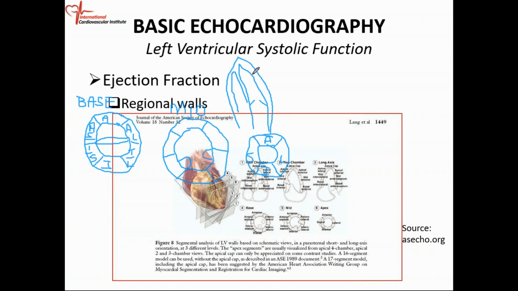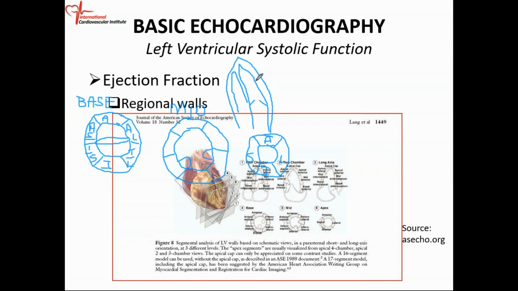So again, this is the left side of the heart over here. This is the lateral wall. This is your apex, and this is your septum. So again, this is the lateral wall. This is the septum right there, and this is the apex.